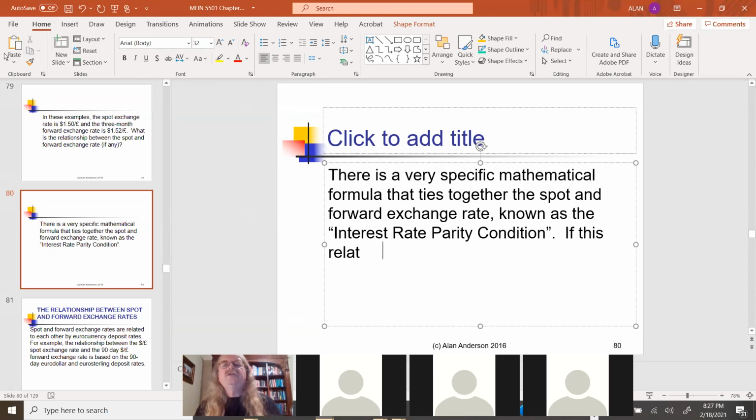If this relationship is violated, then there will be arbitrage opportunities for everyone.